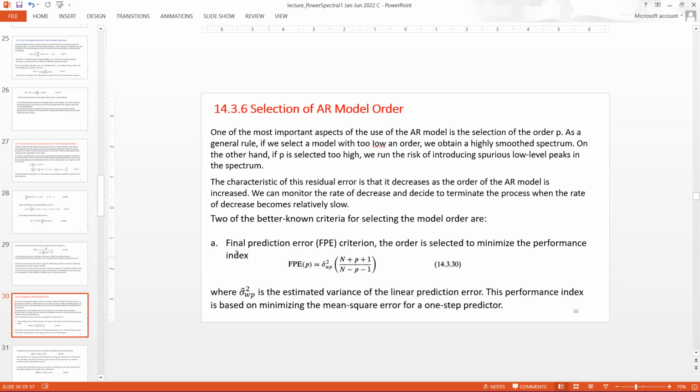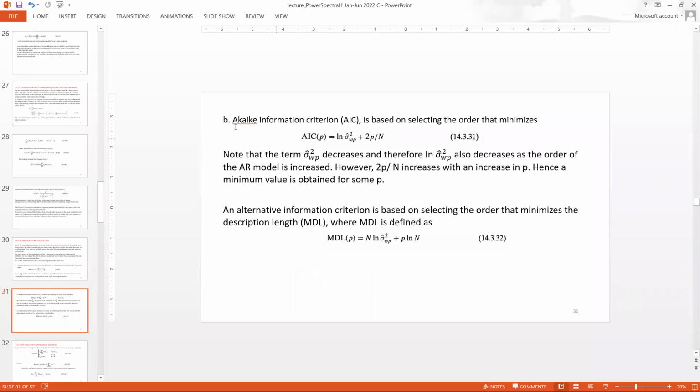So আমরা দেখলাম একটা হলো ফাইনাল prediction error method, আরেকটা হলো Akaike information criteria. So what is Akaike criteria? It is based on selecting the order that minimizes AIC, Akaike information criteria. So P এটা মিনিমাম করতে হবে আমাদের। তো এই ইকুয়েশন হলো এটা। তো এখান থেকে আমরা ভ্যারিড ভ্যালুজ, মিনিমাম যেখানে যে কন্ডিশনে আসবে that will be the expected one.